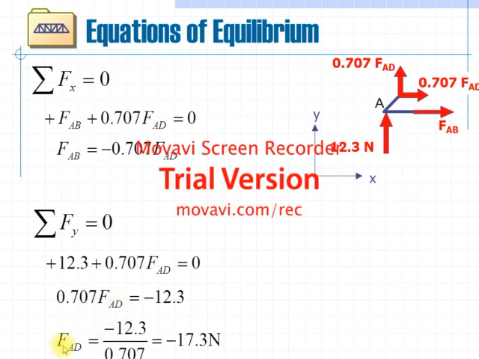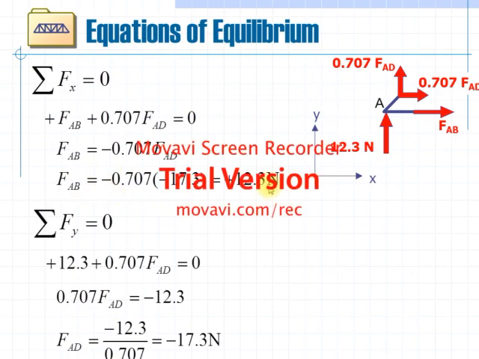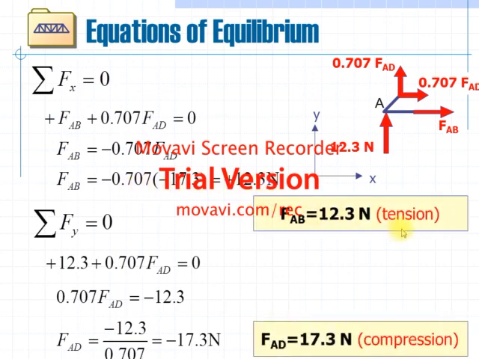By solving this, FAD is equal to minus 17.3. This FAD value we put in the equation of summation Fx and calculate FAB. Therefore, FAB is equal to plus 12.3 Newton. The value of FAB is positive, that is tension, and the value of FAD is negative, that is compression.